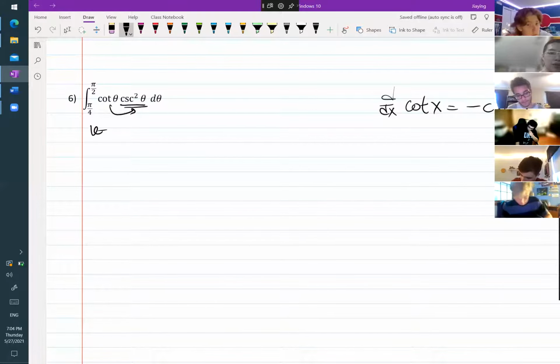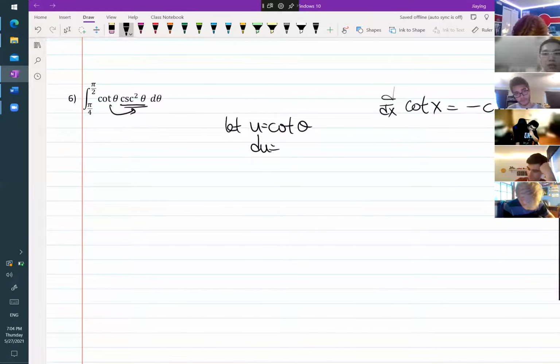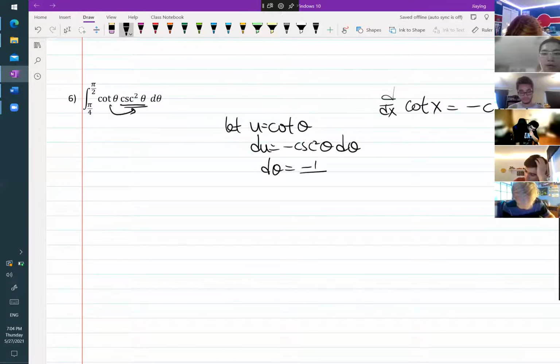You can let u equal cotangent theta, and du equals negative cosecant squared theta d theta. So solve for d theta: d theta equals negative 1 over cosecant squared theta du. And then you can put it in there, and it will cancel out the cosecant squared.